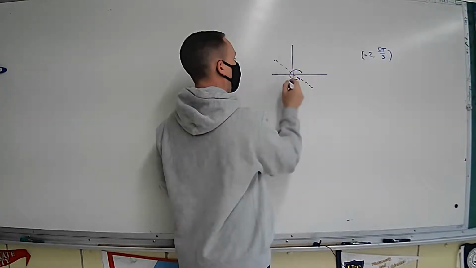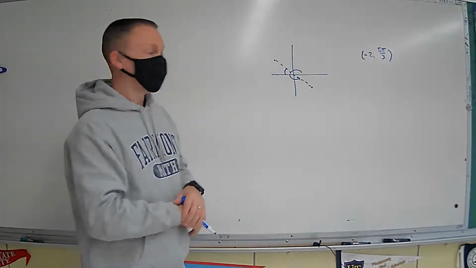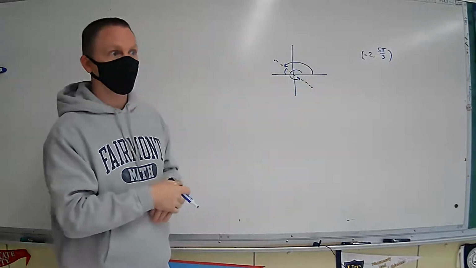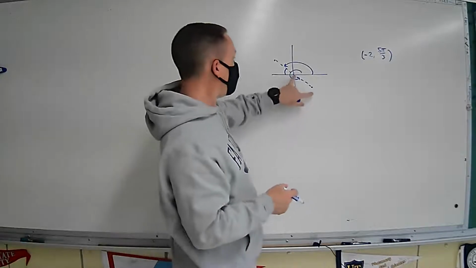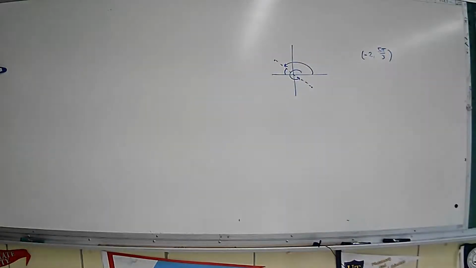The reference angle would be pi over 3, and that angle there would be 2 pi over 3. These distances away from the origin will both be 2. A negative R always puts you in the diagonally opposite quadrant.